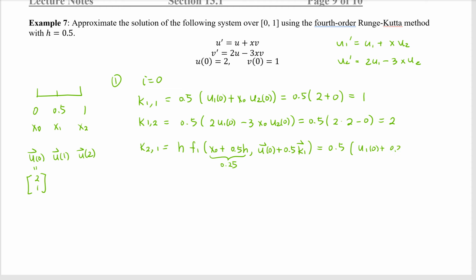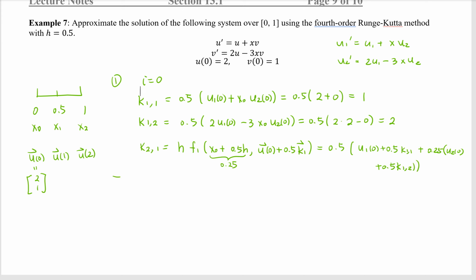So this is 0.25 times, sorry, I'm missing the... sometimes we have to be very careful because this is the u1 is u1 of 0 plus 0.5 of K11, okay, plus x. X is 0.25 times U2. U2 is U2 of 0 plus 0.5 K12.